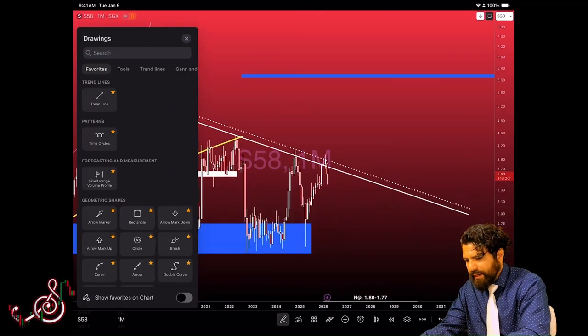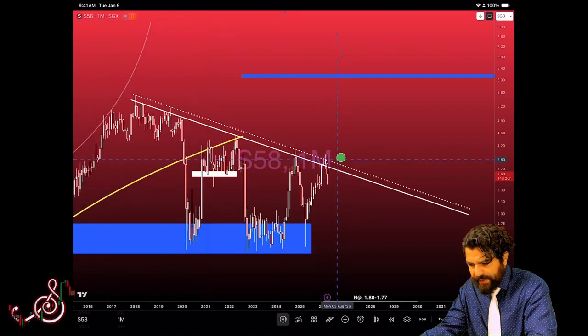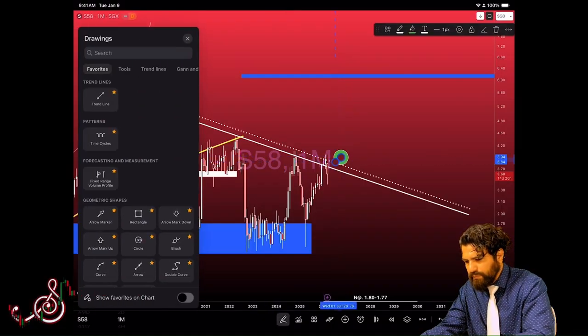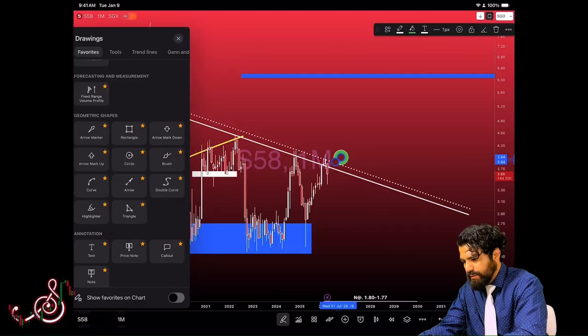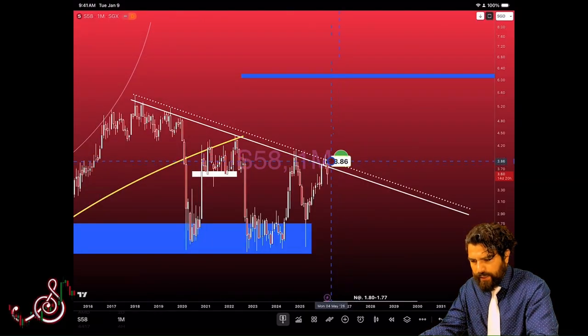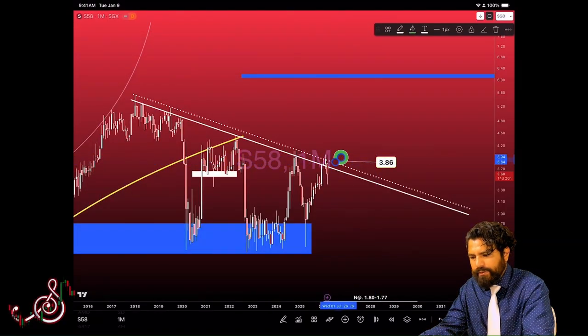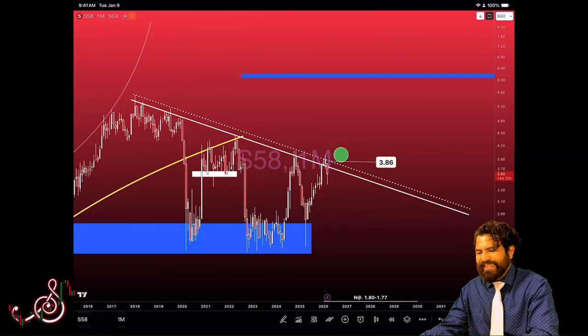All right, there's my breakout number right here. It's just above here. I need a breakout on the monthly chart of 386 for this one.